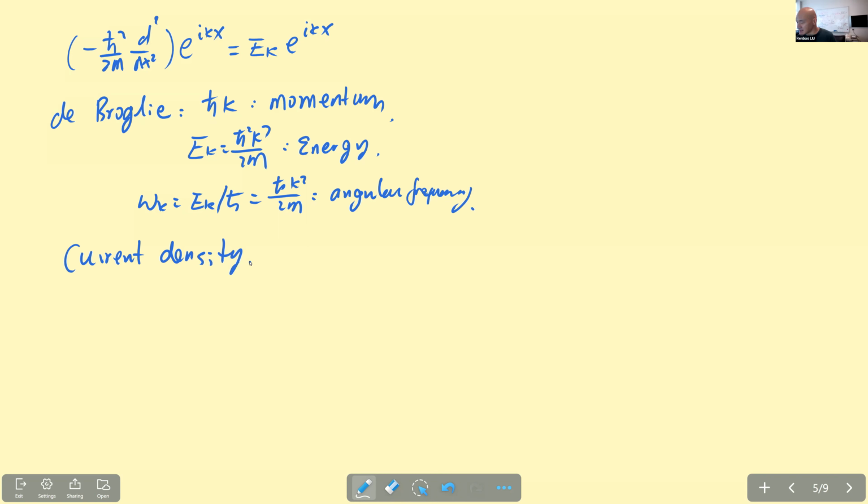Remember the current density j is defined as 1 over 2m times psi star times the momentum operator acting on psi, minus the momentum operator acting on psi star, times psi.